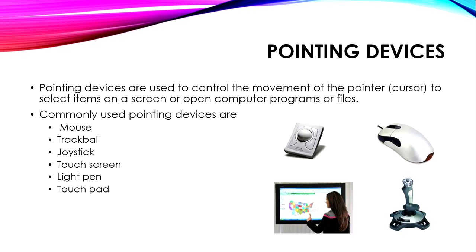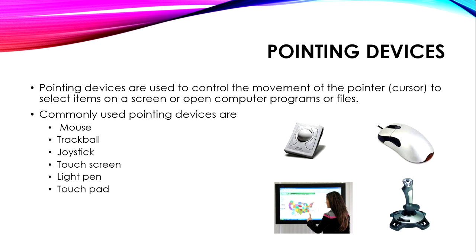It is fixed on a table and it has a stick in the center that can be tilted in any direction. The stick is held by hand and when it is tilted in any direction, the movement is translated into the movement of an object on the screen.